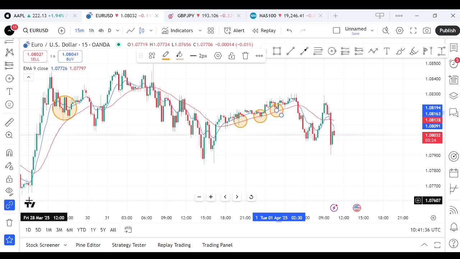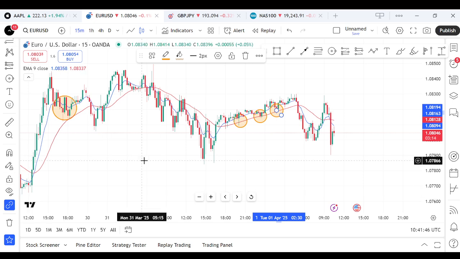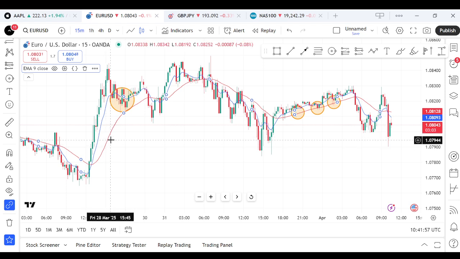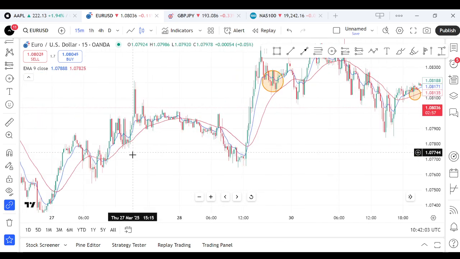Scalping with the EMAs typically involves using two or more EMAs with different periods. A shorter period EMA reacts faster to price changes and highlights short-term trends, just like the 9 period EMA which we have on, while a longer period EMA provides a broader view of market direction, just like the 21 period EMA which we have on here. The 21 period EMA is the longer period EMA which we can use in scalping.